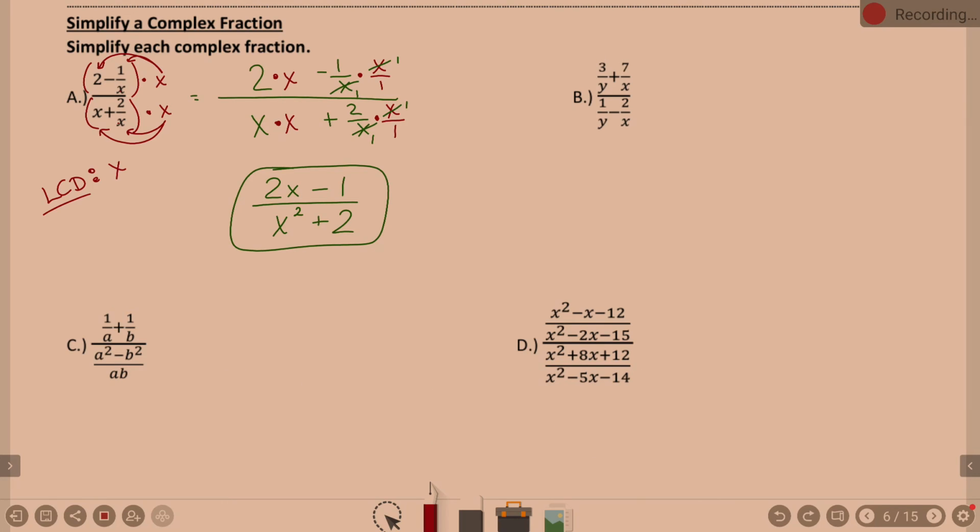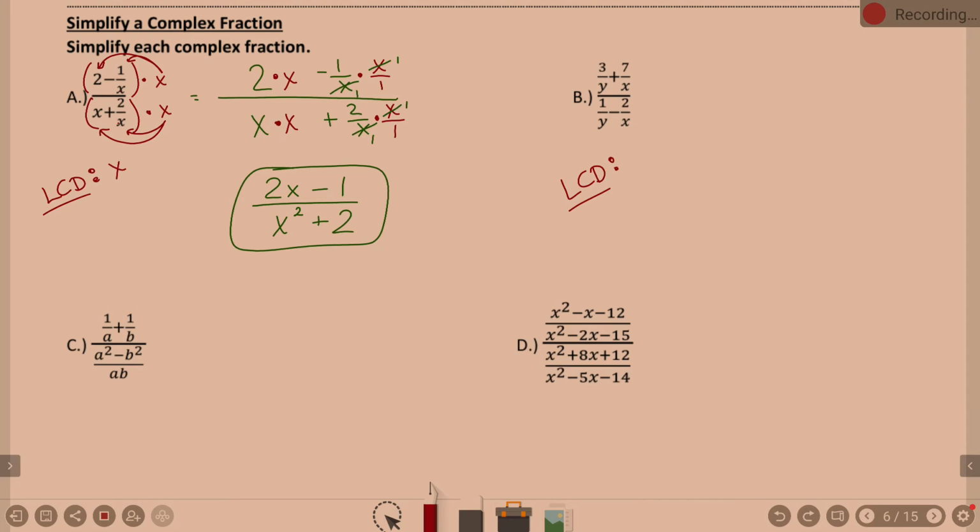Start with, I need a least common denominator. So look at your denominators within the fractions. What kind of denominators do I have? X and Y, right? So when we think about least common denominator, what's in common?